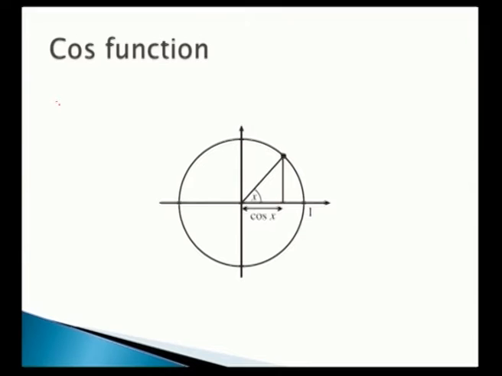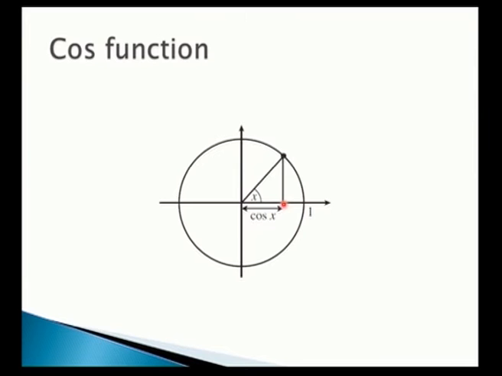Next, we will move to the cos function. To define the cos function, again the same right angle triangle is taken. This right angle triangle is given here. Here this is the angle assumed.